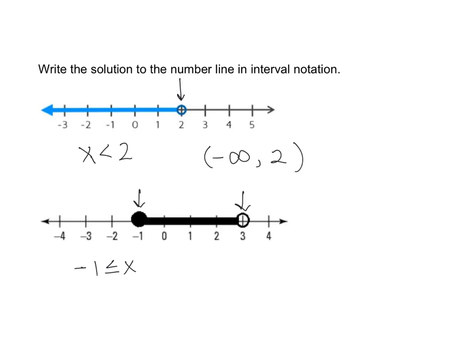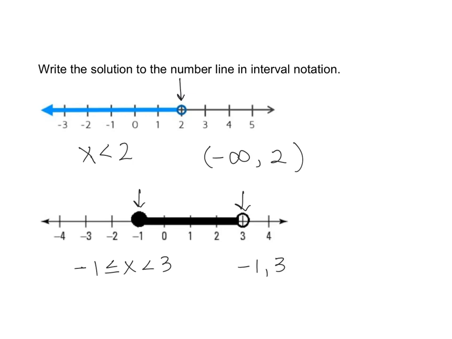Now I look at the right number, which is 3. I have an open circle at 3, which means strictly less than or greater than. And if I were to ignore the -1, I've shaded everything to the left of 3, which is everything less than. So if I'm writing the right side, I'm going to say x is less than 3. Using that same example above with the -7 and the 6, when I write my interval, it's going to be -1 comma 3, since that's my smaller and my larger value.